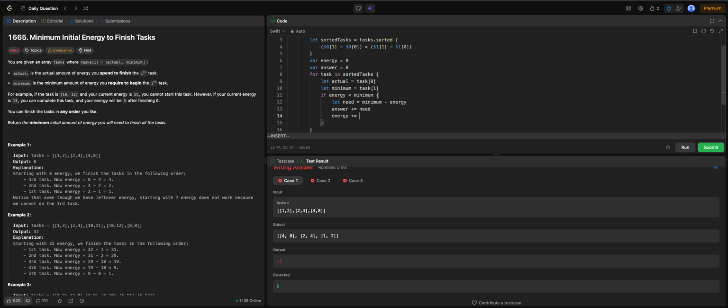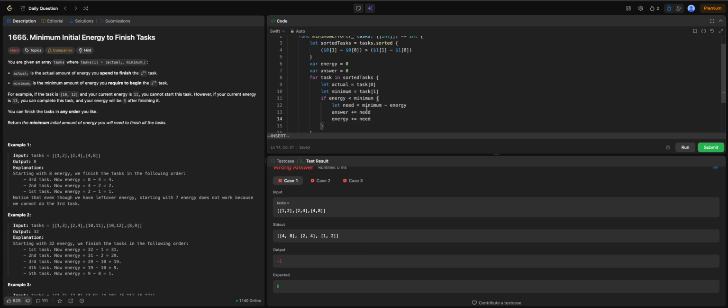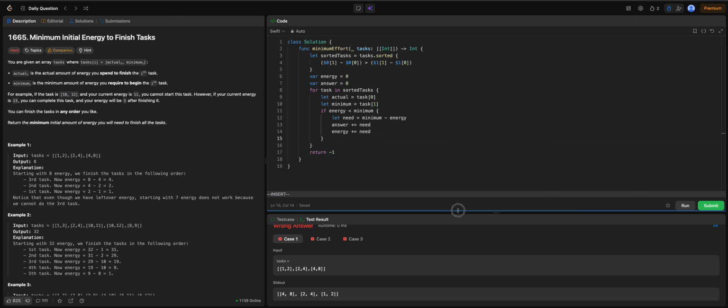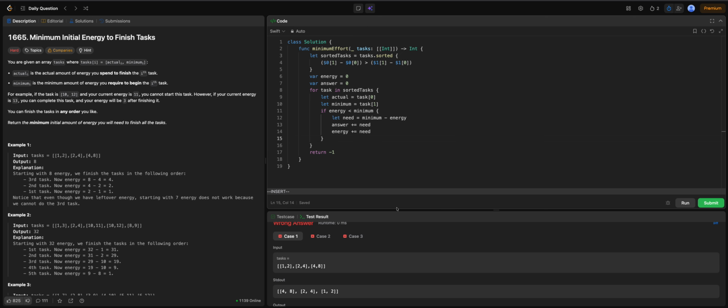The reason why I'm adding to the energy and the answer both with the same value of the need is that I still need to know how much energy we actually need to keep spending on the next tasks that we are going to see, because our sorted tasks are not sequential, it's reverse sequential.